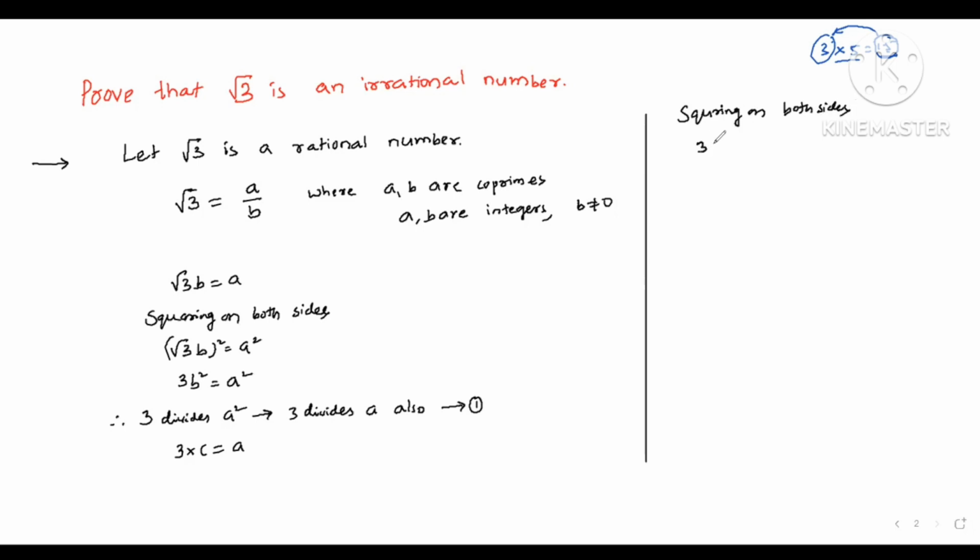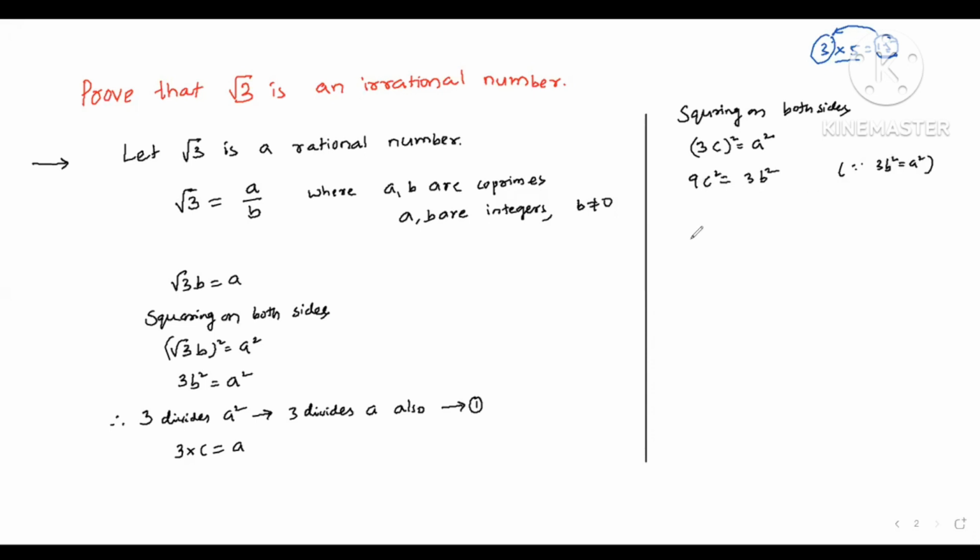So we get 3 into c whole square equal to a square. In the place of a square, you can write 3b square. So you can write 9c square equal to a square, and a square equal to 3b square.